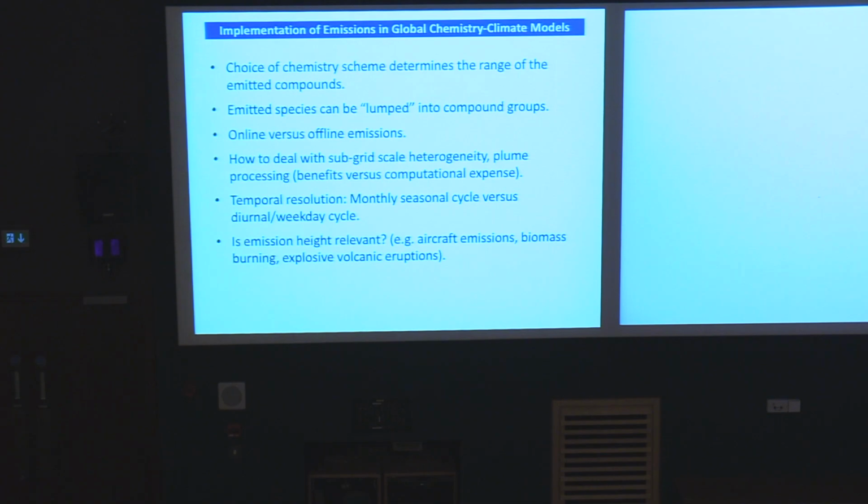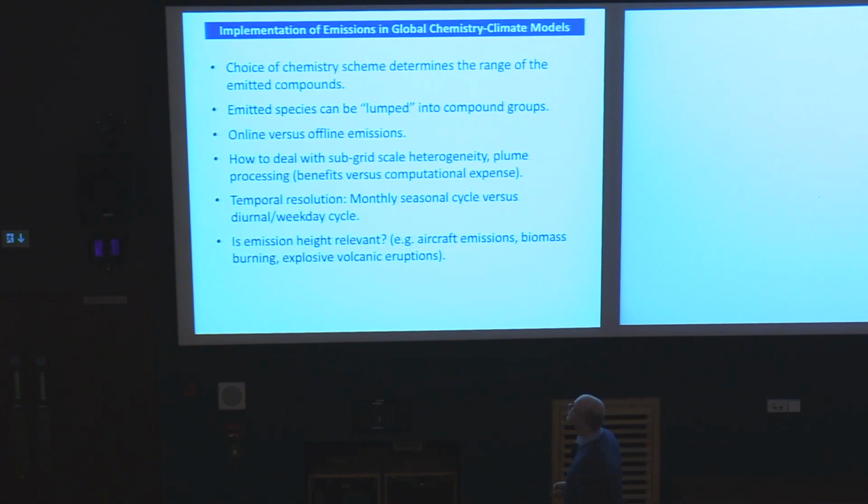Another issue is that emissions are often provided on a relatively fine grid scale. Global inventories currently come at 0.5 degree in longitude and latitude, and some sectors are provided possibly at even higher resolution, 0.1 degrees, which is much finer than the model grid that you may choose to use.